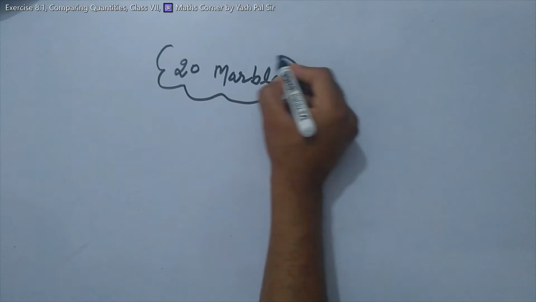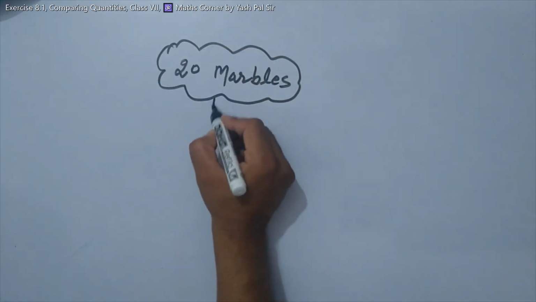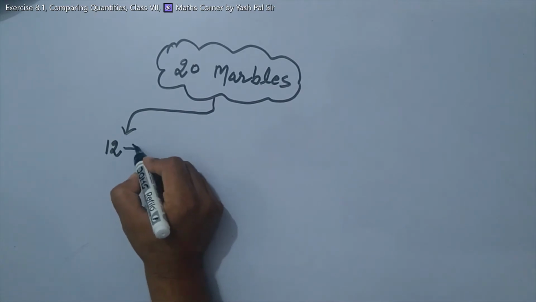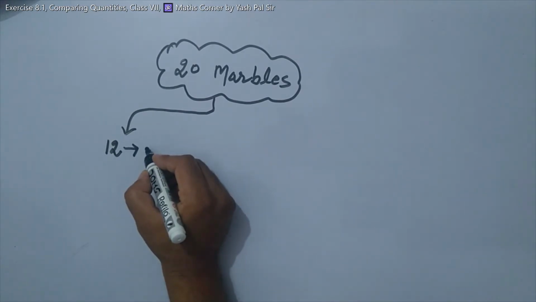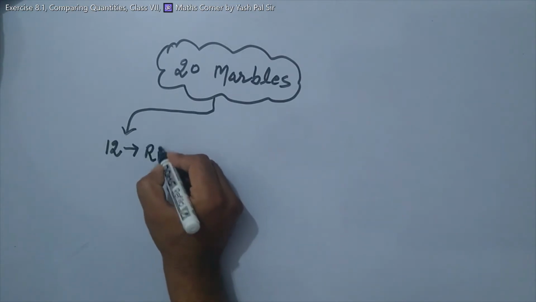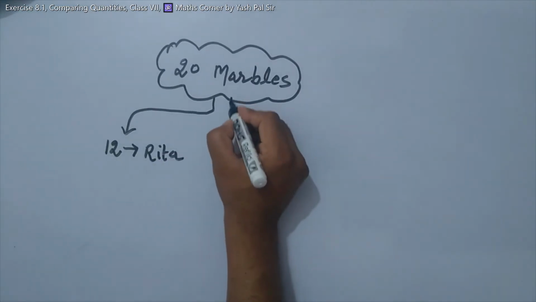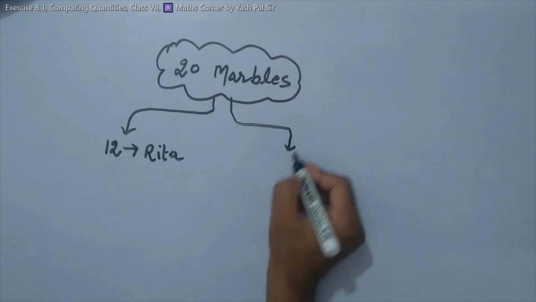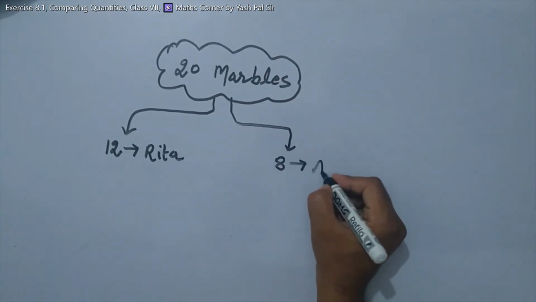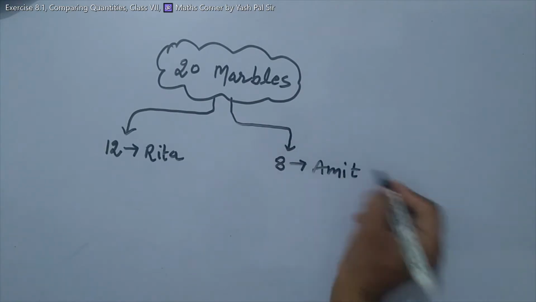They are divided this way: 12 marbles go to Rita, and 8 marbles go to Amit. This was the distribution.